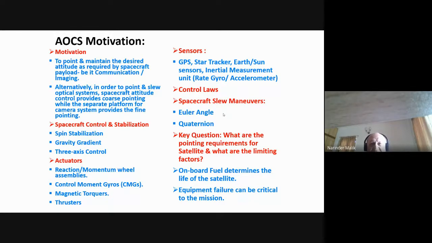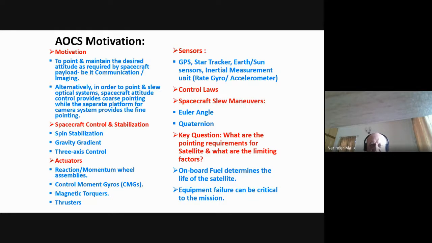As far as the sensors are concerned, we have GPS receiver, star tracker, Earth or sun sensors, inertial measurement unit, which measures both the rate gyros and the acceleration experienced by the spacecraft due to the thruster firing.